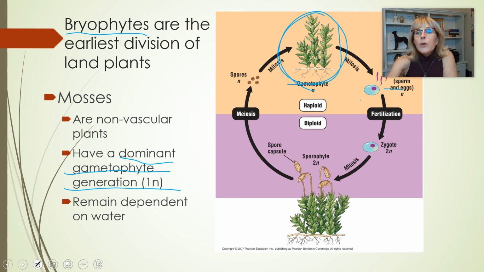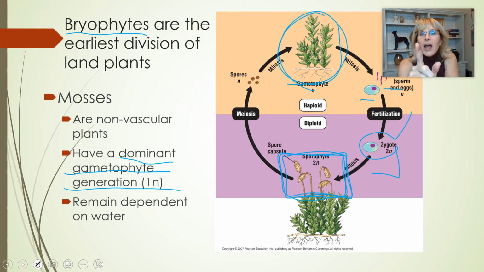It will either make sperm or eggs, and those come together and make this generation, this part right up there. Just that part that's depicted as tan there, that's the sporophyte generation. That's the part that is diploid. And those things will make spores.